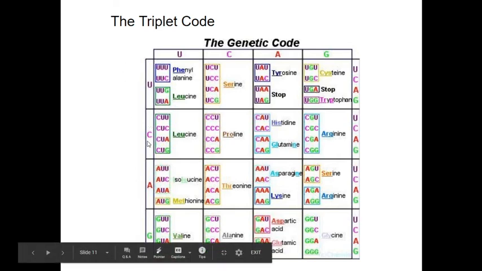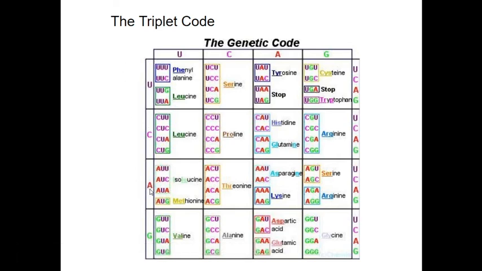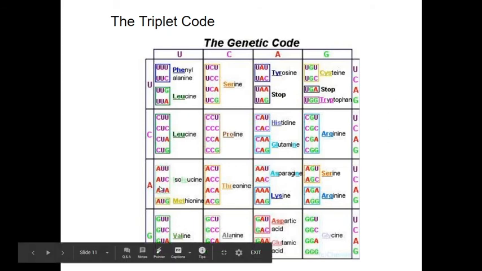So A, for example, is our first base. Then we look at the U, which is the second one up the top, and then we look at the right-hand side. So, for example, if we're looking at AUG, we're looking for A and then U, and then we're going down to G, which is here, and this one is then AUG.